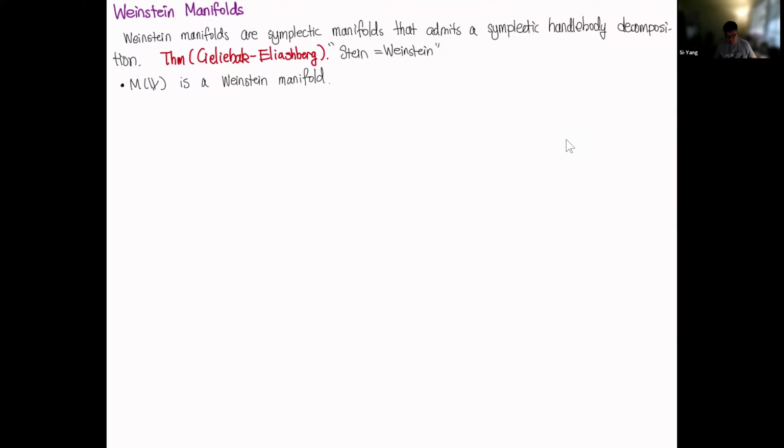If you just think about it and you embed this into some higher dimensional projective variety, the pullback of the corresponding Fubini-Study metric or the Taylor potential actually gives you this Weinstein structure, where the handle structure actually comes from the pullback of the Taylor potential, regarded as a Morse function.